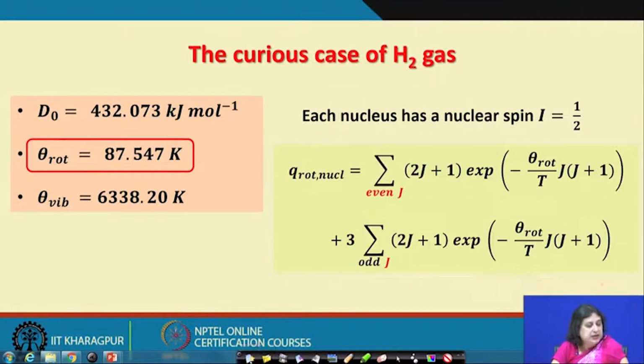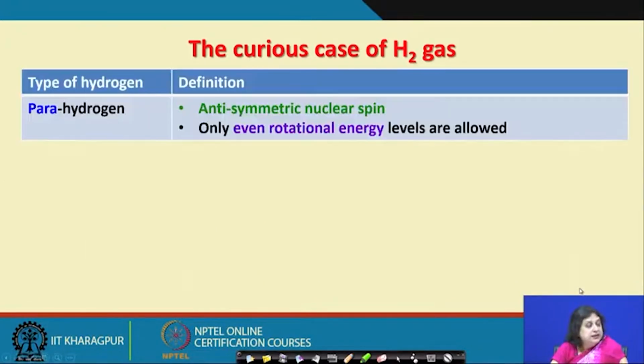Now, what is the consequence? People actually were aware of this difference in the underlying molecular structure for a long time, even before the emergence of quantum mechanics. In this case, the chemists in particular were aware of two types of hydrogen molecule.